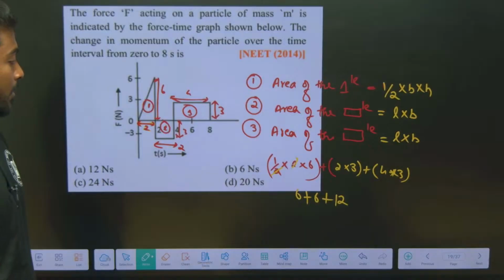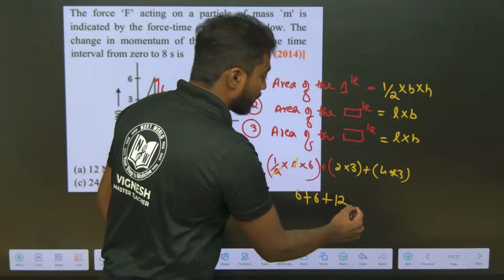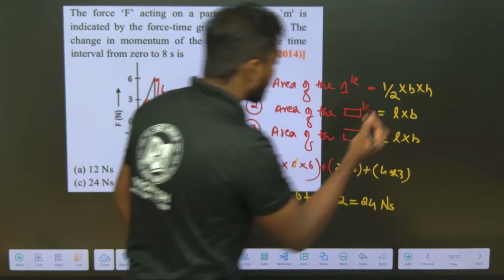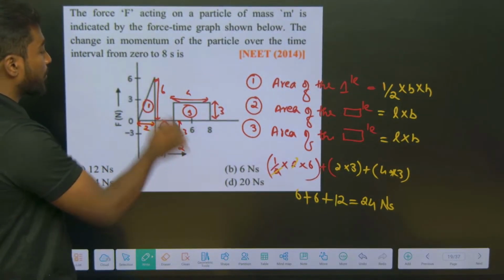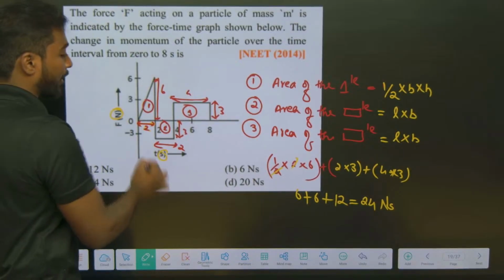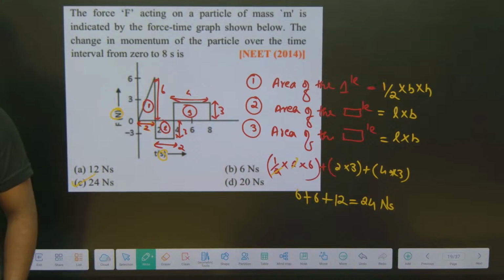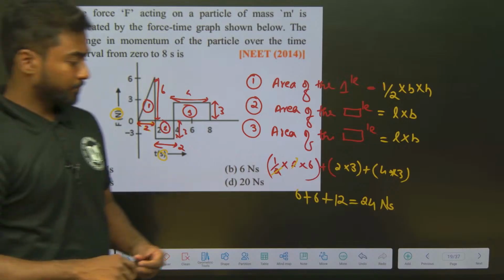So 6, 6, 12, 12 plus 12, 24 Newton seconds, because it's force and time, this is in Newton and this is in seconds. So Newton seconds is the answer. That's it. Now understood, Muhammad Yunus? Okay, we'll go for the next question.